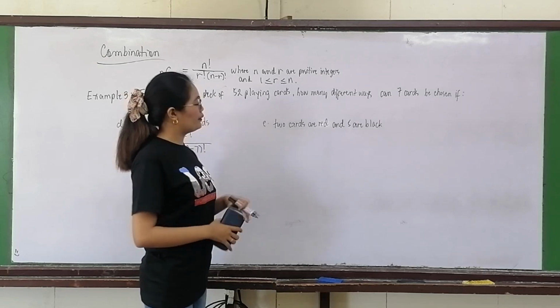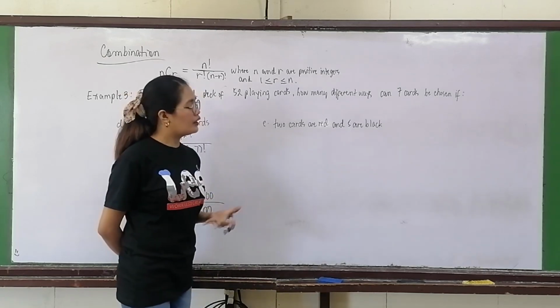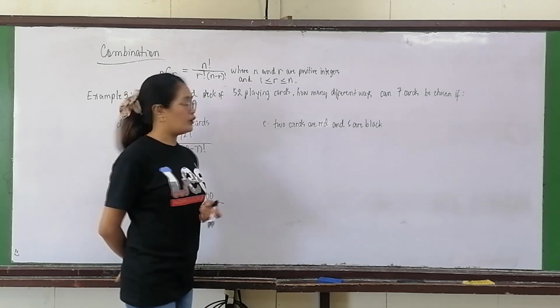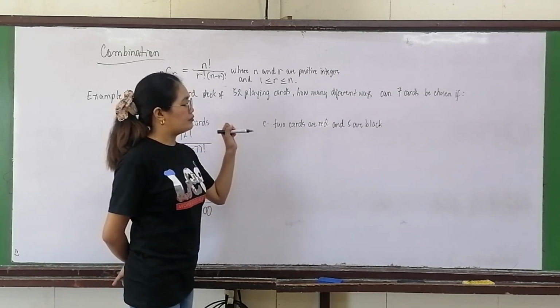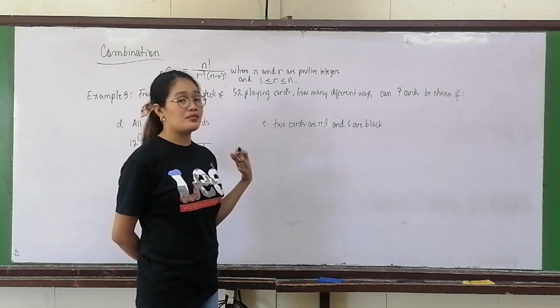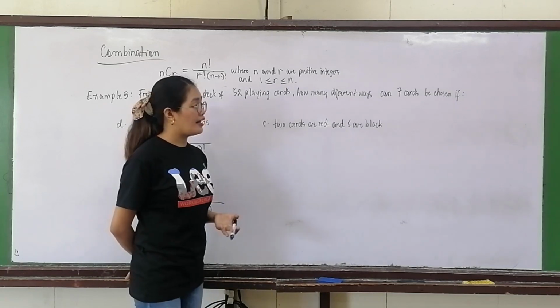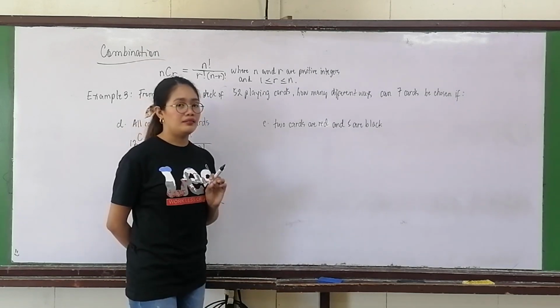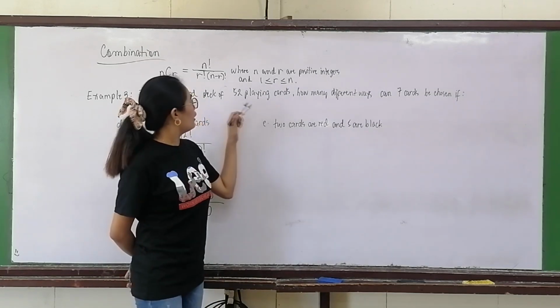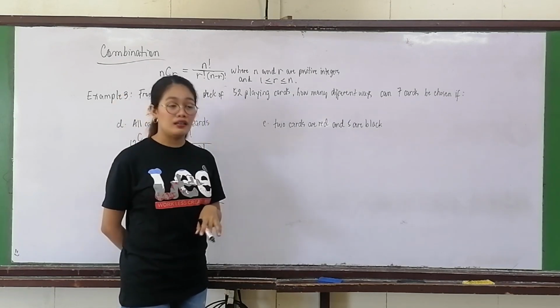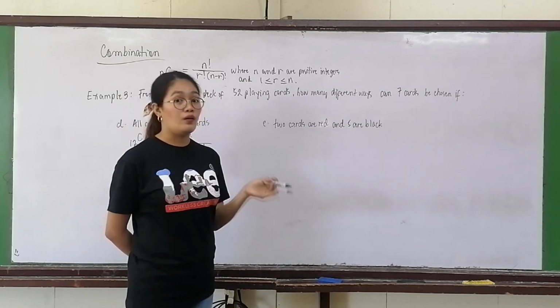Last example and condition, we have 2 cards are red and 5 are black. We have 26 red cards. We also have 26 black cards because in a deck of 52 playing cards, the card can either be just red or black.